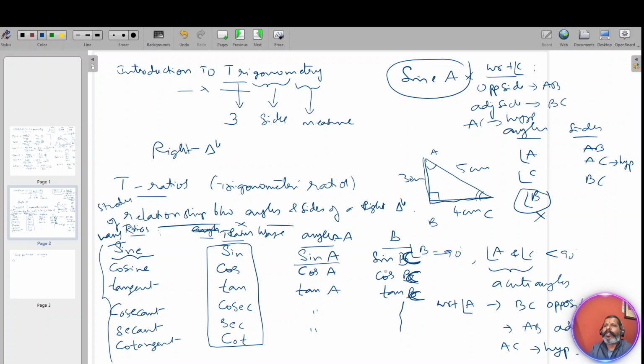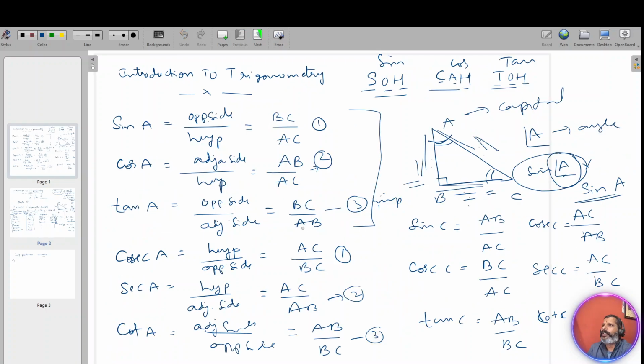What will be the values for sine, cos, tan? Just check out for one. Sin A, so if I write 5, 3, 4 for BC, sin A becomes 4 by 5, right? Opposite by hypotenuse. The value is always a number. All the T ratios are always numbers.